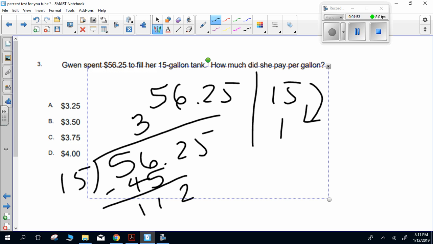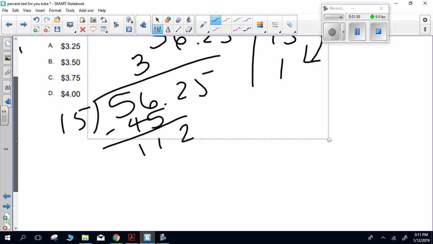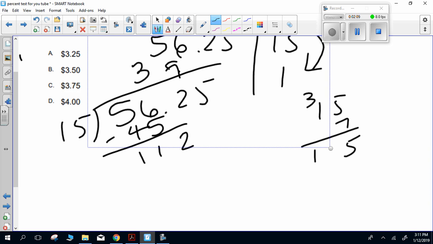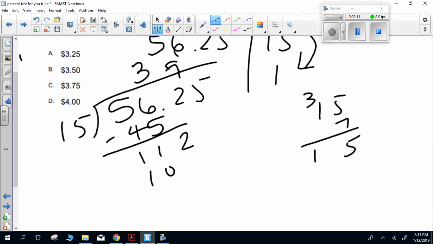Bring down my 2. Let's see, 15. So I'll try 8, 7 maybe, 7. 15 times 7 is 105. Yep, that works. So I get 7, 5, and that's 5, so it's 3.75.